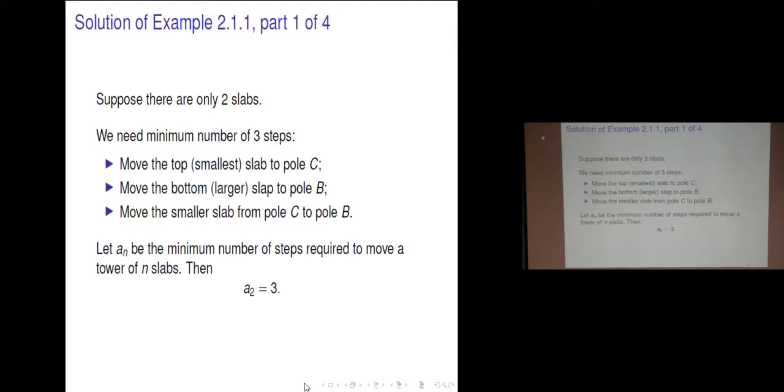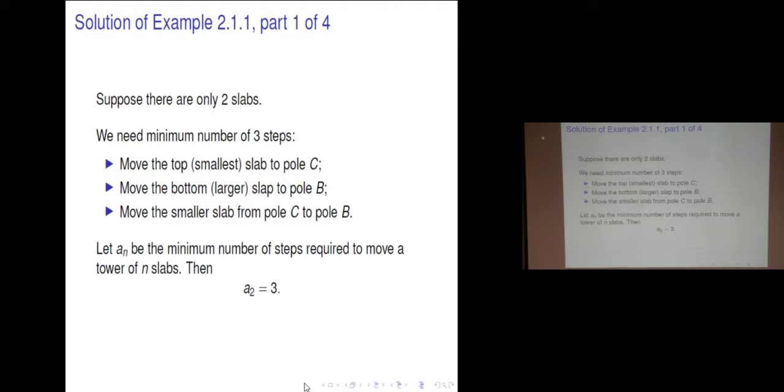Now, let's find the recursive formula. Let AN be the minimum number of steps required to move a tower of n slabs. This example says A2 is 3. We are interested in finding AN.